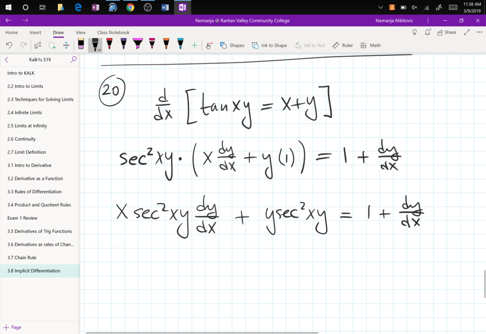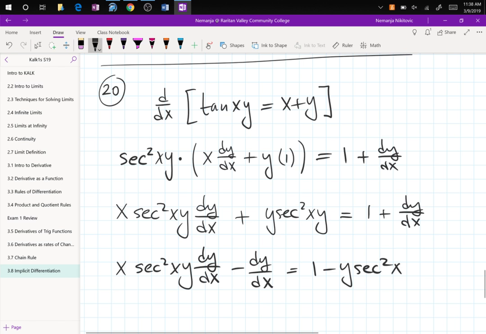Now all of the terms with dy/dx on the left, all the other ones without on the right. So x secant squared xy dy/dx stays, minus dy/dx is equal to 1 minus y secant squared xy. So this term goes this way, this term goes that way.